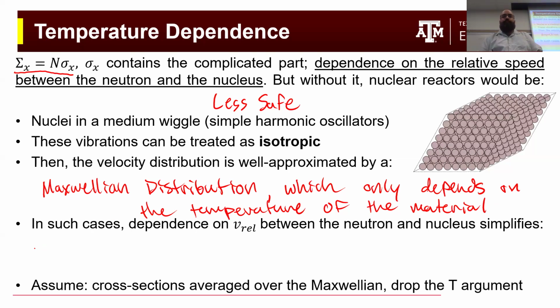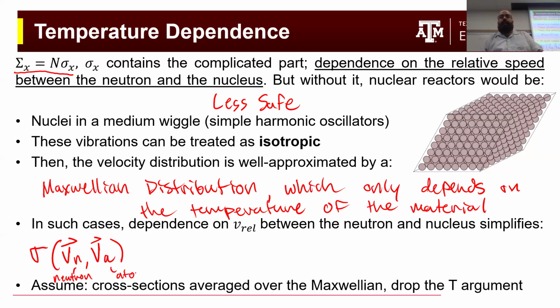In general, if we were to write our microscopic cross section, it's technically a function of the velocity of the neutron and the velocity of the atom that it's interacting with. So this is the neutron, and this is the atom or the nuclei that our neutron is interacting with. That's what the microscopic cross section would depend on.